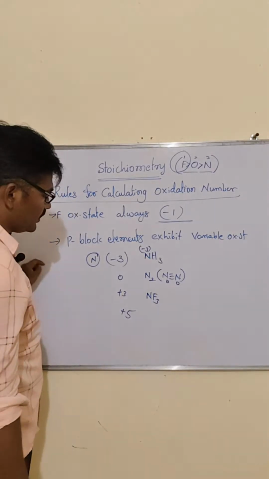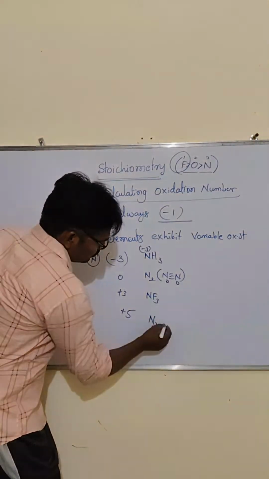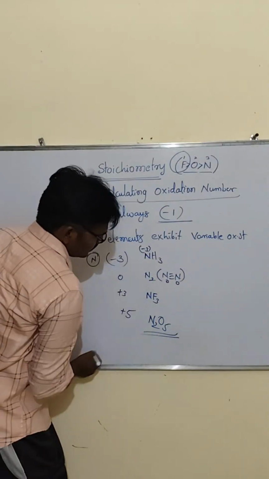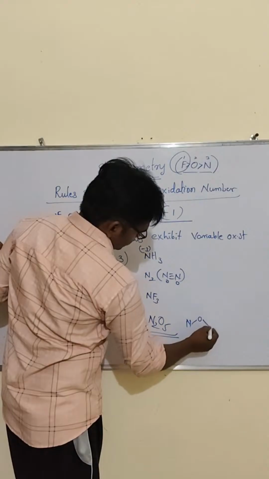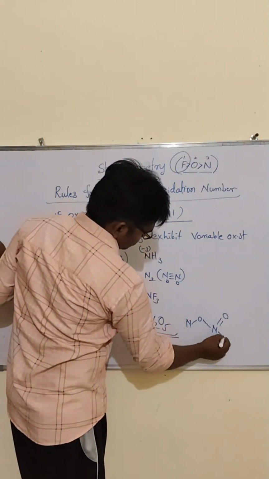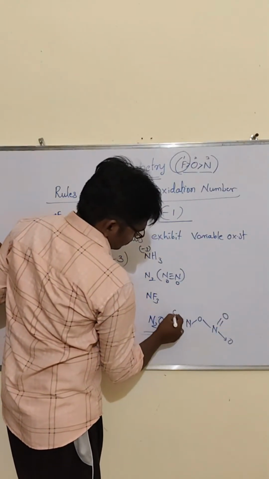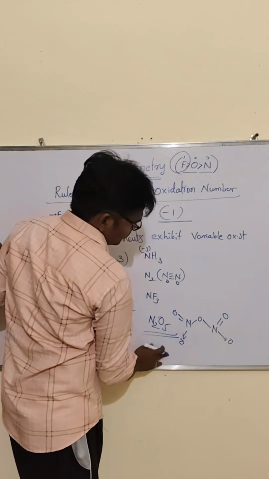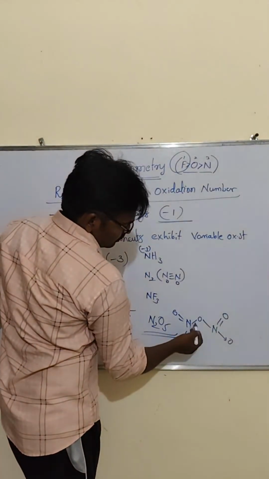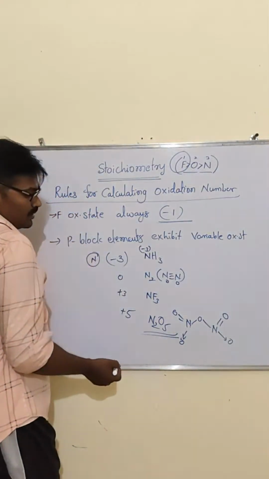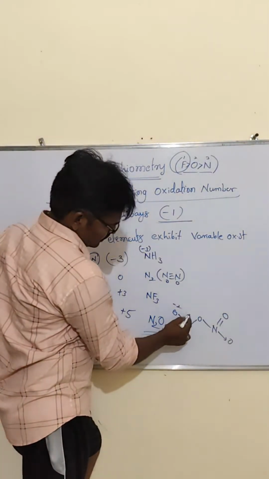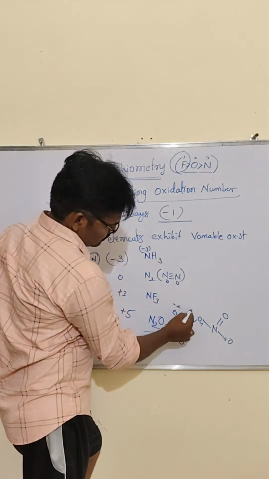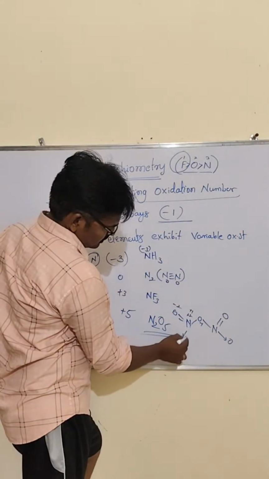Sir, if you take +5 here? N2O5 case. In this case, nitrogen single bond O, nitrogen double bond O, then single bond O, then double bond O, like this it will be. So in this case, the bonds are surrounded, so look at -2, then +2, -1, then +1, then -1, then +1.